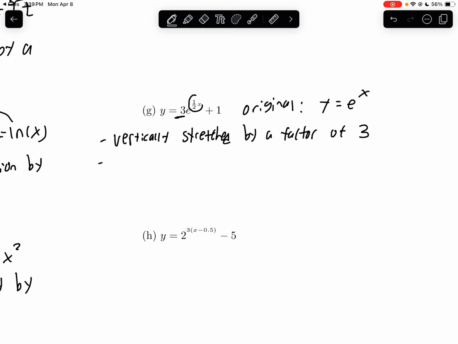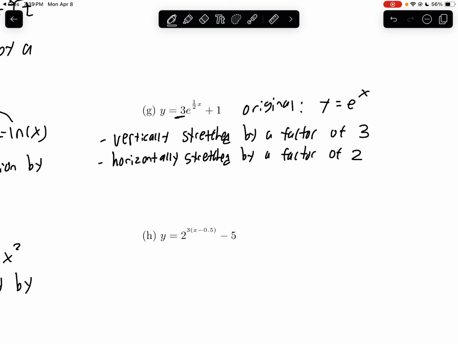Second, you're doing a horizontal scaling because I'm multiplying the inputs by 1/2. So this would be a horizontal stretch or expansion, horizontally stretched by a factor of 2.